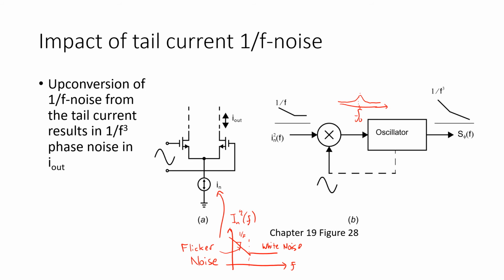But then following our linear model here, we know that this gets filtered by G, which further shapes the noise spectral density by our minus 20 dB per decade filter.